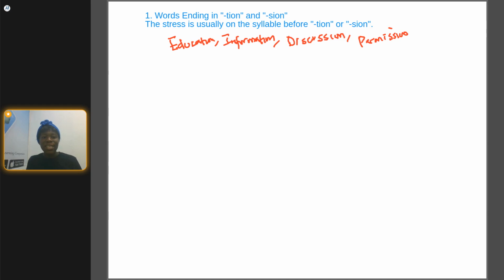All right, so we have tion. The syllable before tion in the word education is CA. So you have education. The CA is pronounced louder, pronounced longer, and pronounced with a high pitch.